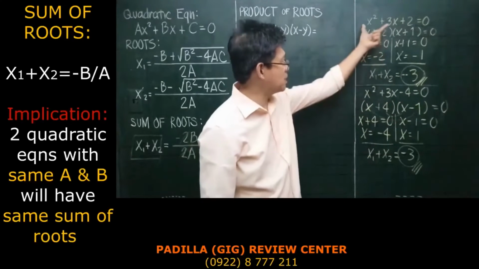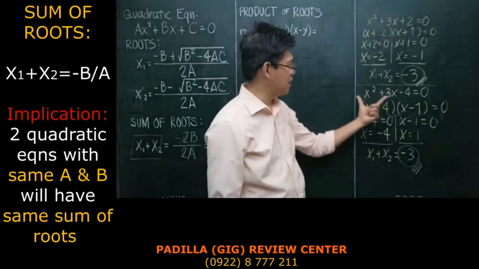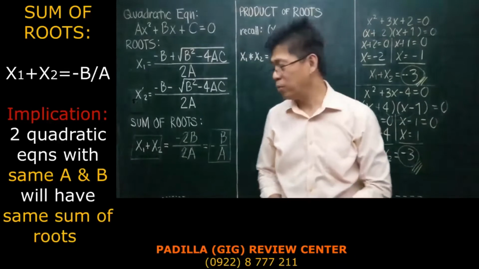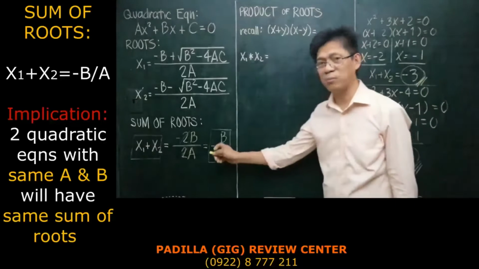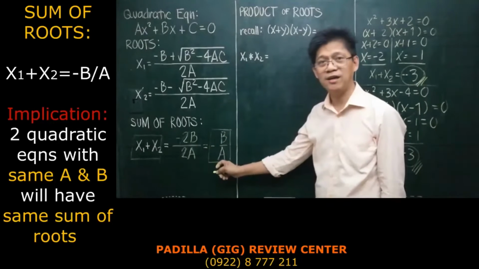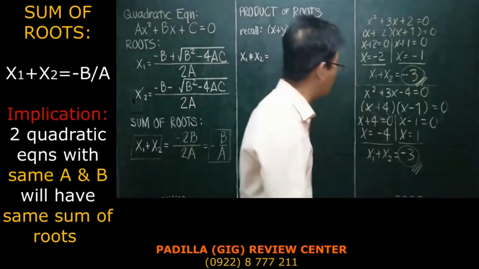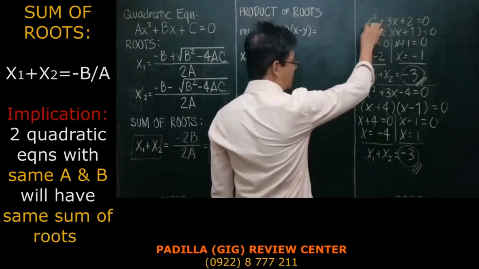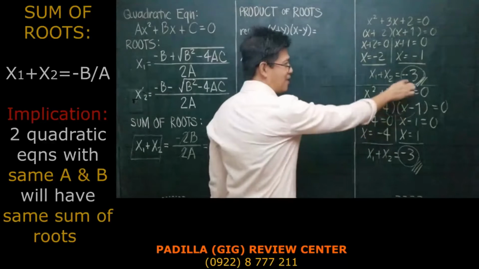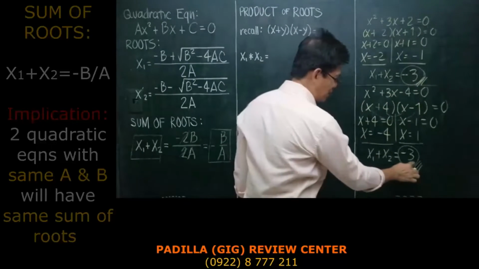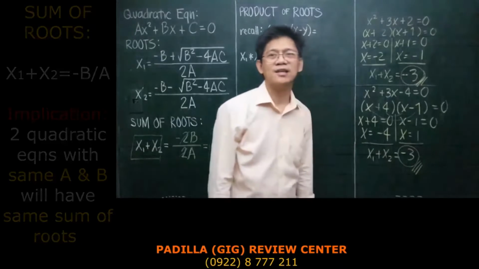But because they have the same a and b, 1 and 3, and since the sum of roots is given by the formula minus b over a, the sums of the roots are the same. Both of them are minus 3 over 1, negative 3, as expected.